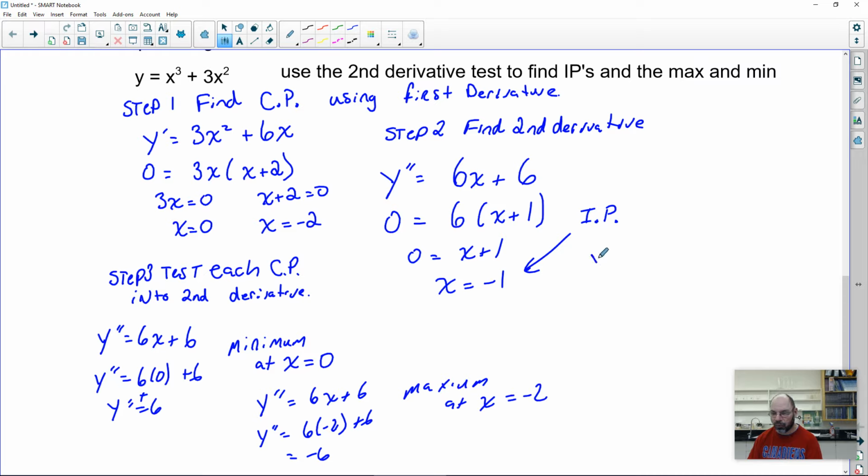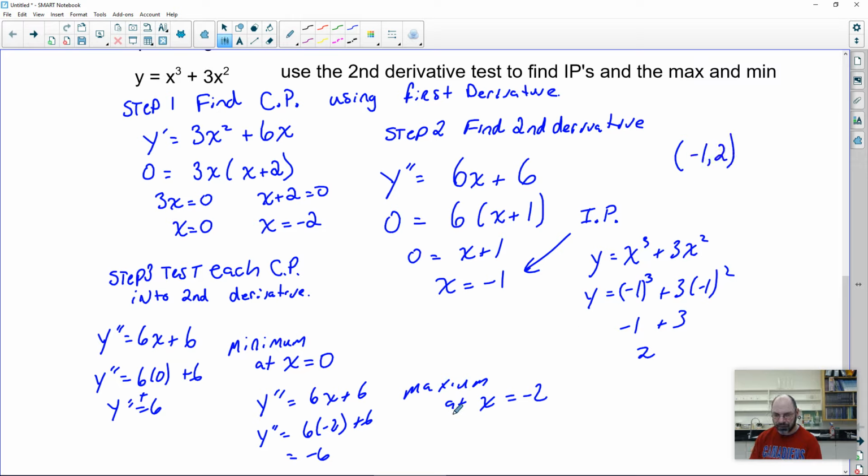We go back to the original equation this time, y equals x cubed plus 3x squared. If we want to find the y value here, we can put in the negative 1. Negative 1 cubed plus 3 times negative 1 squared. So this is negative 1 plus 3, which would be 2. So our IP is negative 1 and 2.